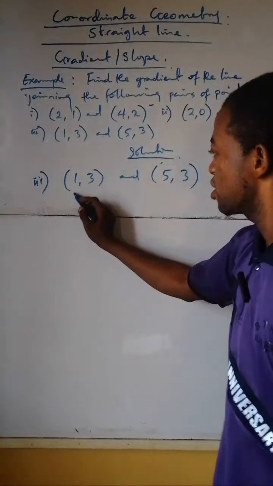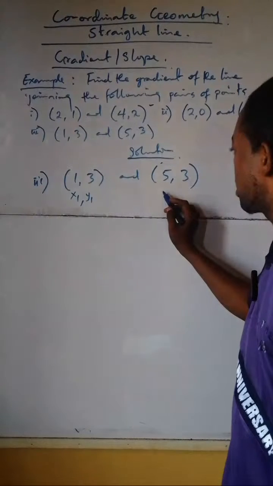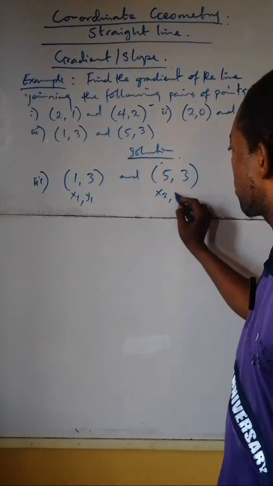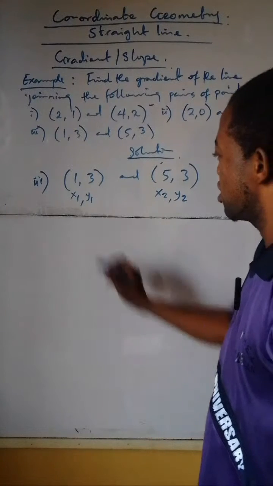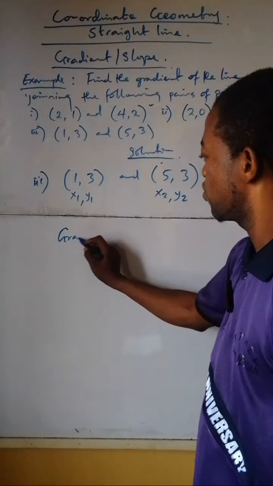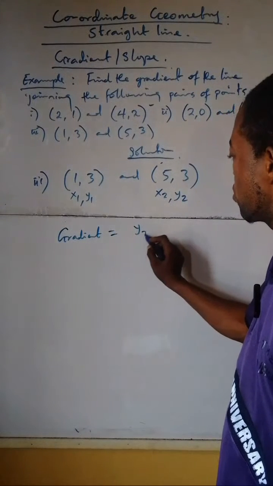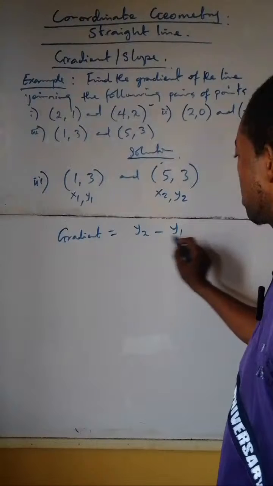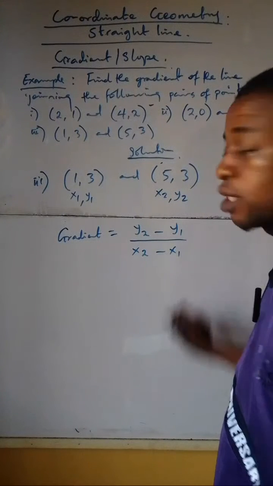And we can see this as the first point, x1, y1, and this as the second point, x2, y2, which implies that the gradient from the formula is y2 minus y1 over x2 minus x1.